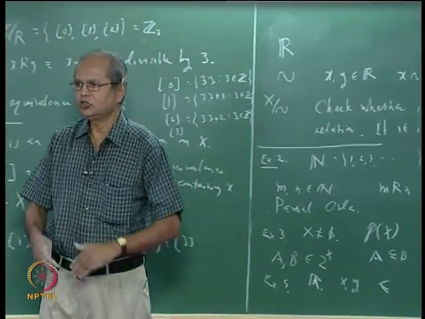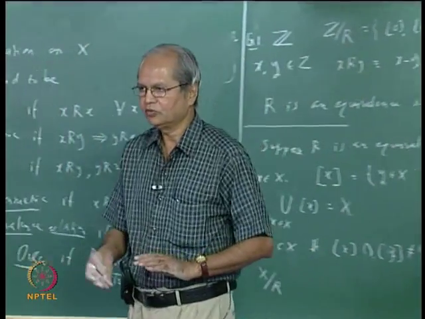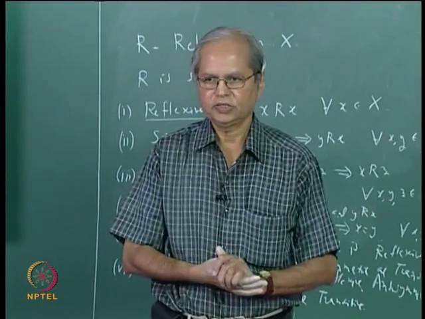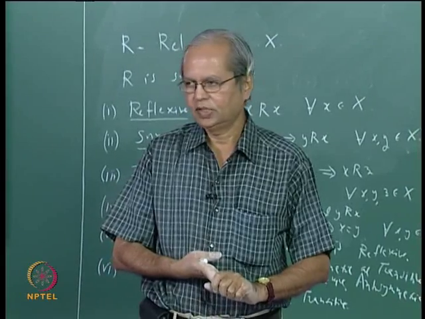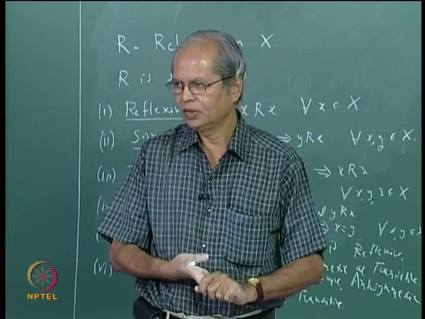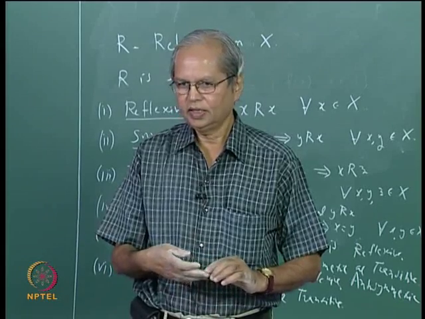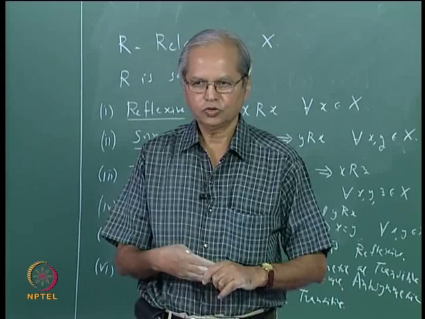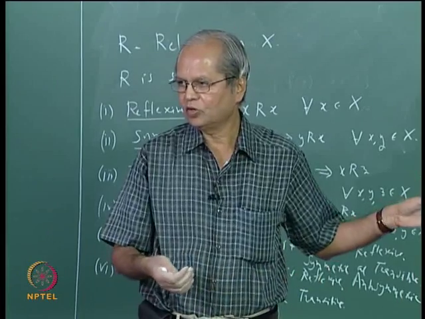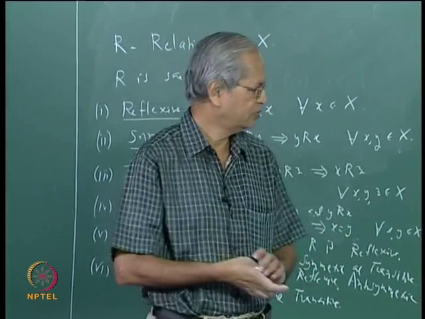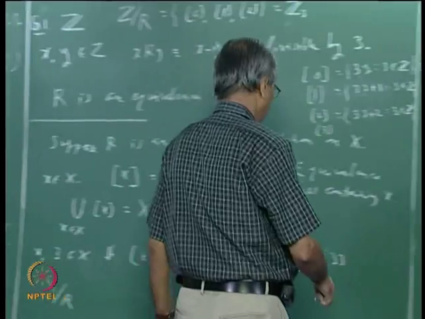We say that x is related to y if x is less than or equal to y. Again, this also is reflexive, antisymmetric and transitive. So this is also an example of a partial order.